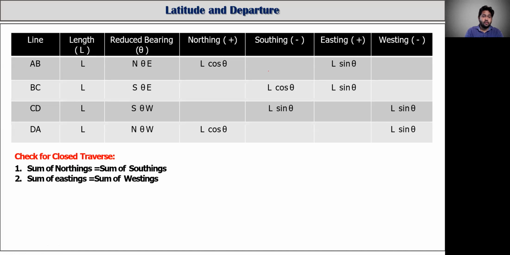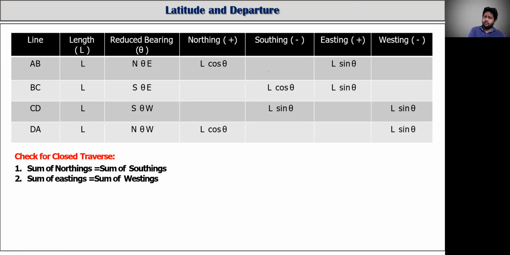See here, this is one more example where we measure these latitudes and departures. North is plus, south is minus, east is plus, west is minus. In this tabular form we have indicated the plus sign and minus sign directly, and taken L cos theta and L sin theta accordingly for the latitudes and departures.